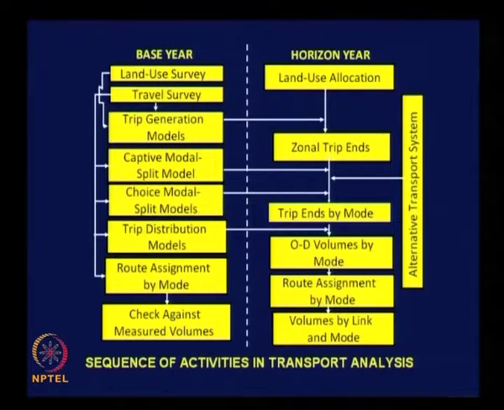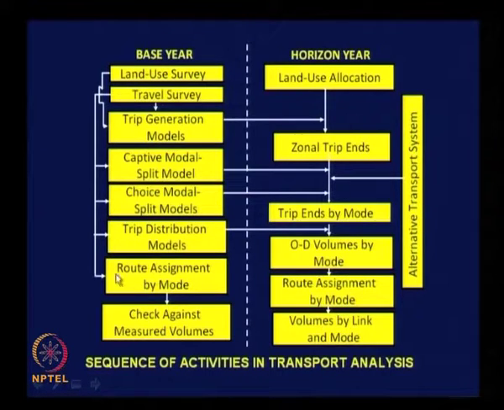If train is the only mode used for that purpose, there is no need to include that commodity in your mode choice analysis, isn't it. You can treat that commodity as a captive commodity, captive to only rail, right.